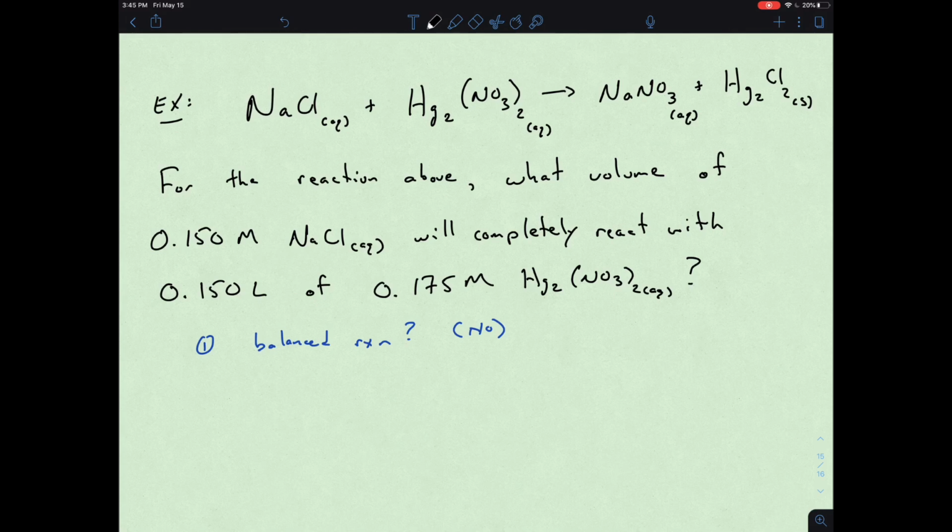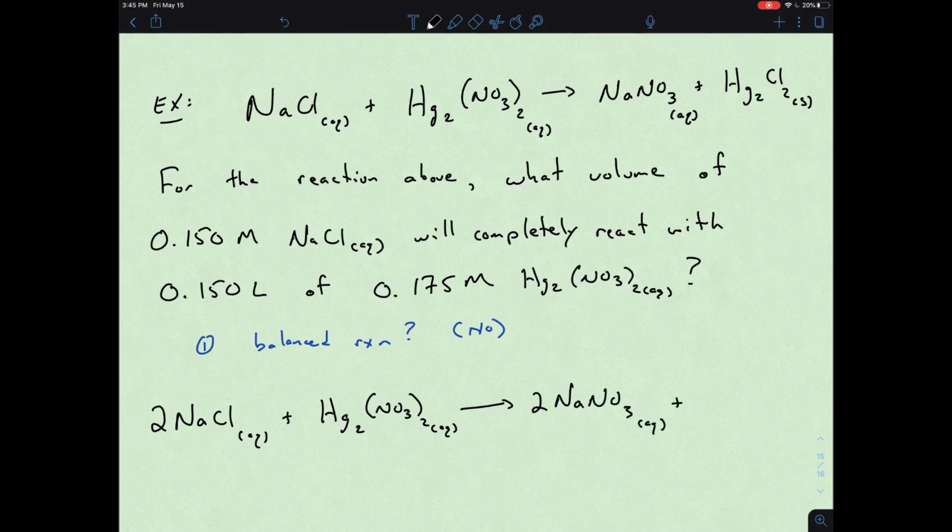So a quick balance would say that we should have 2 sodium chlorides plus our mercurous nitrate, and that is going to produce then 2 sodium nitrates plus then our mercurous chloride solid product. So this is now balanced.